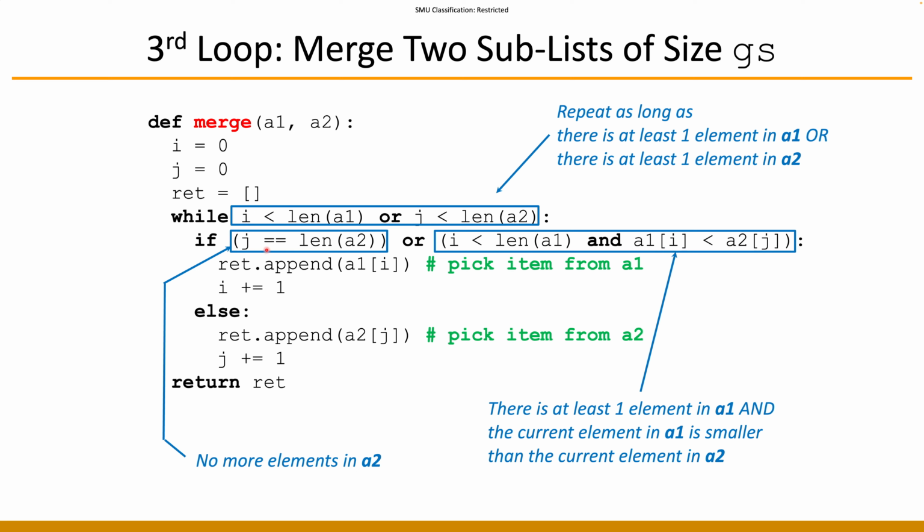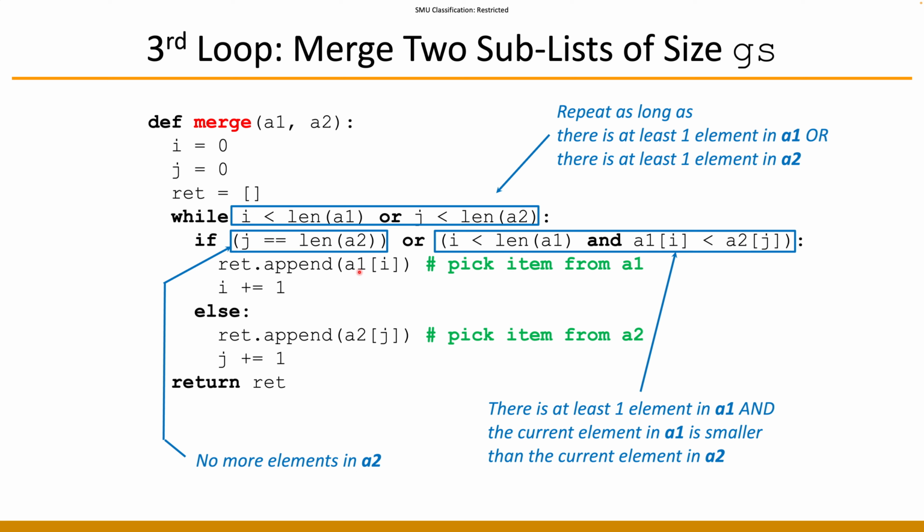So here you can see that both conditions: either A2 has run out of elements, or you have elements, and if that's not the case, then you check that you actually have an element in A1, and that A1's element at position I is smaller than A2's element at position J. That is the case where you are going to insert A1[I] into the return list, right?